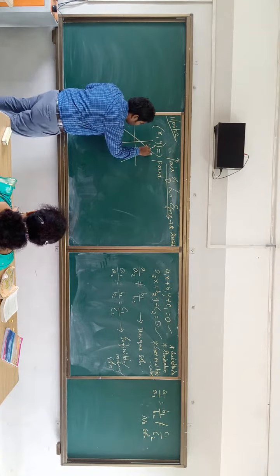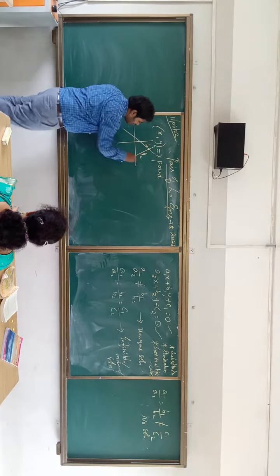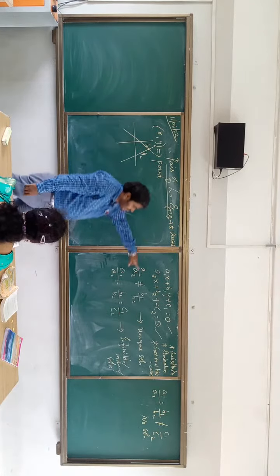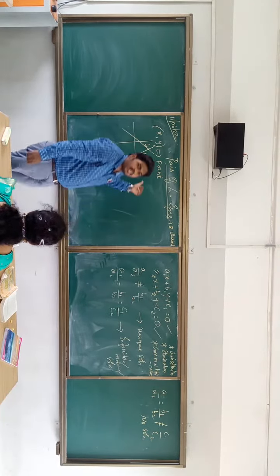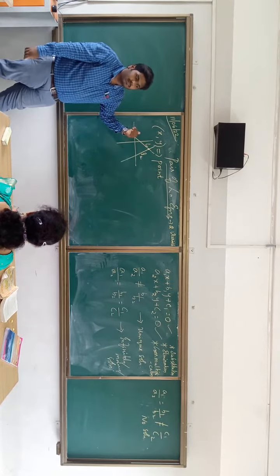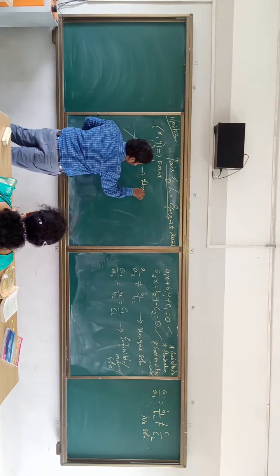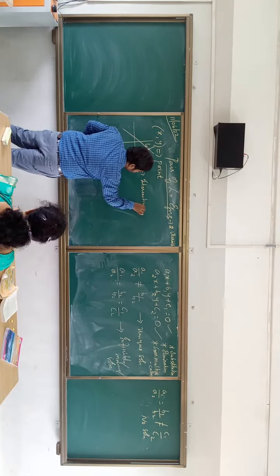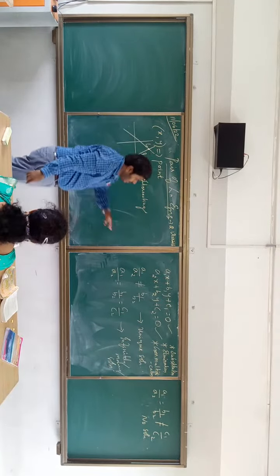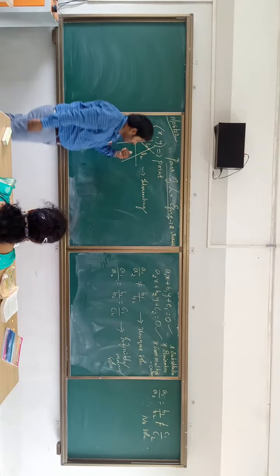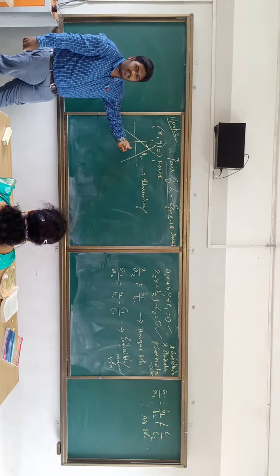So we can state those two lines L1 and L2 are intersecting. If we need to get a unique solution, the two lines have to be intersecting. So please keep it in mind, if you need to get a unique solution in a graphical way, it should be intersecting. Is that clear?